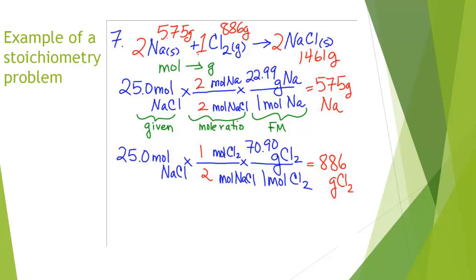Okay, so you have 5.75 grams of sodium and 886 grams of chlorine, and you can use that to figure out the sodium by itself.